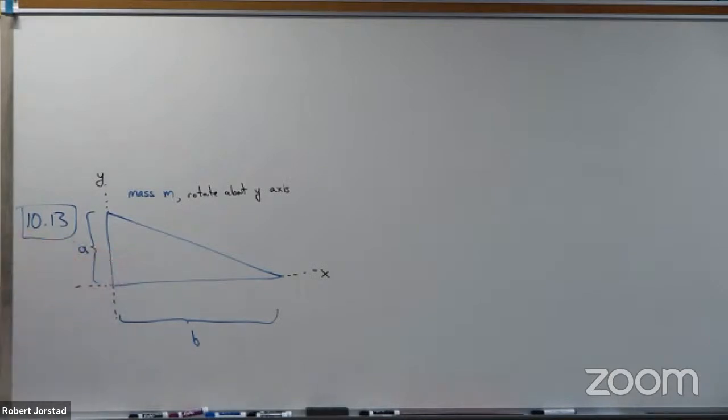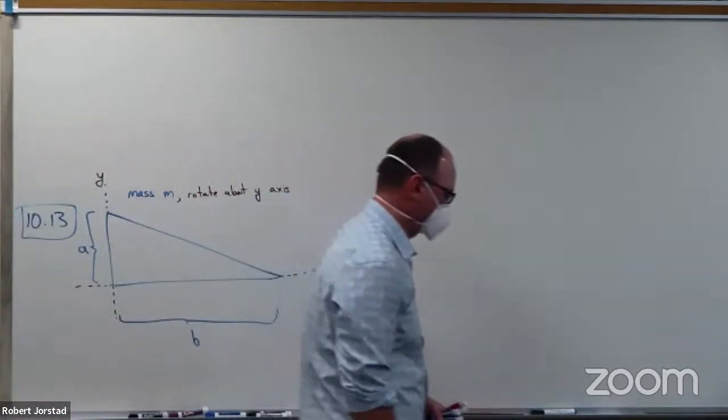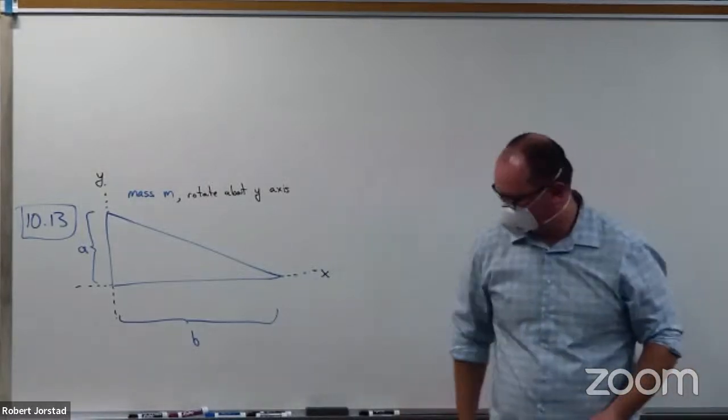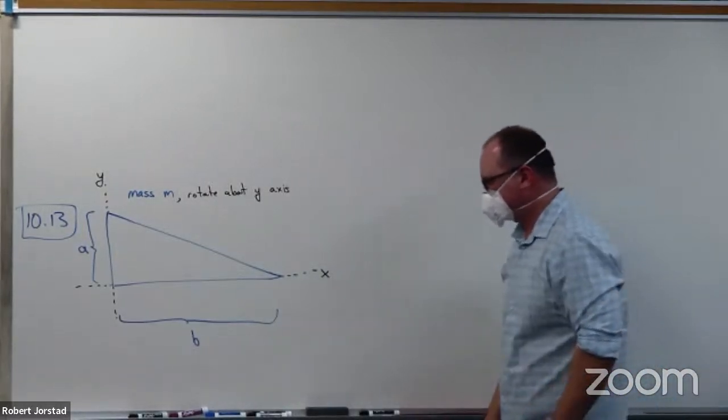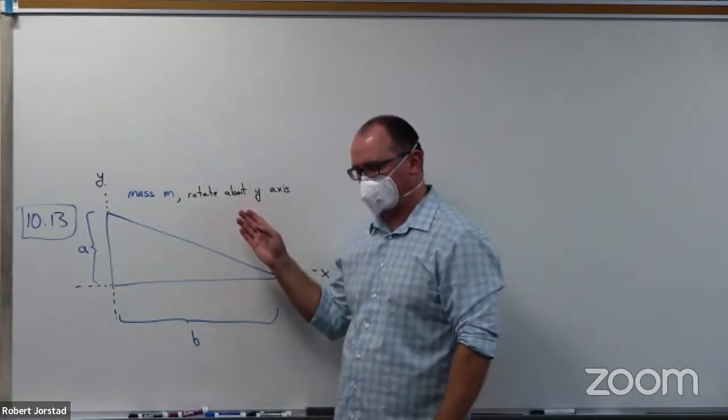Now in this case, let's slice it up. If we're going to rotate it about the y-axis, do I want horizontal slices or vertical slices? You want to slice parallel to the axis for these problems.